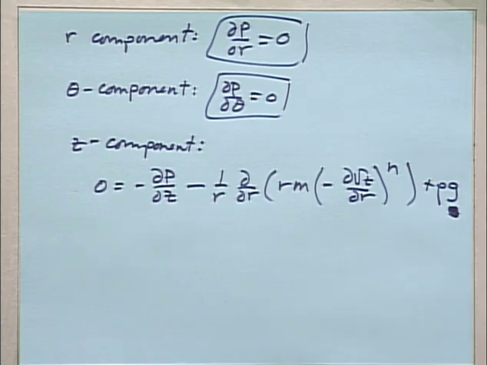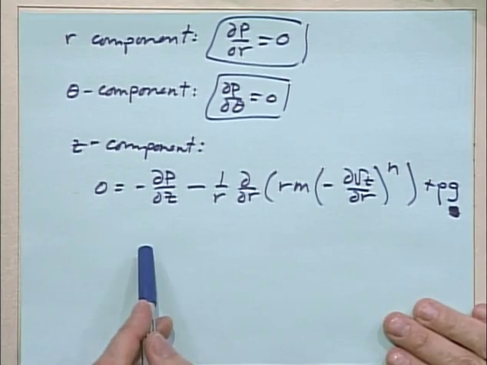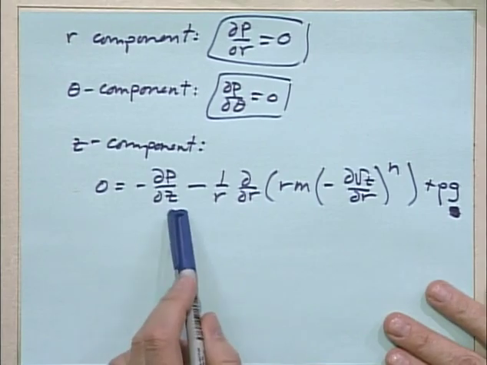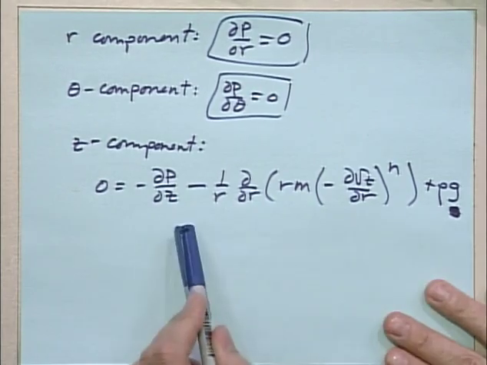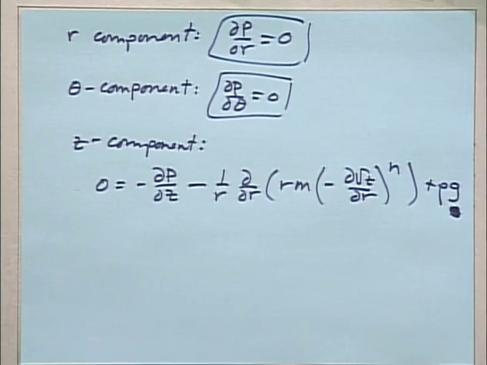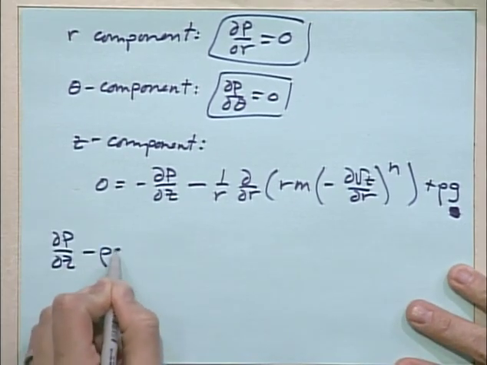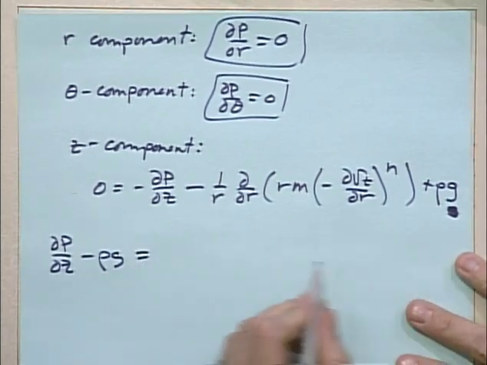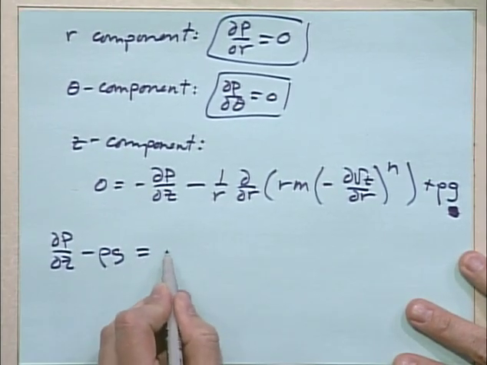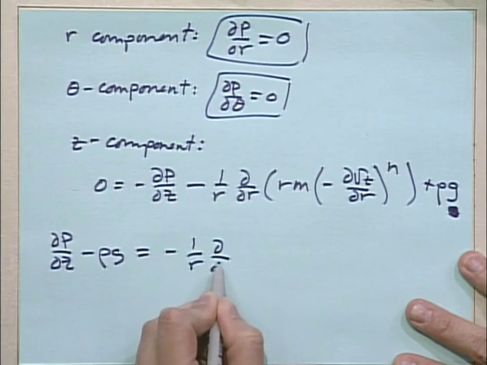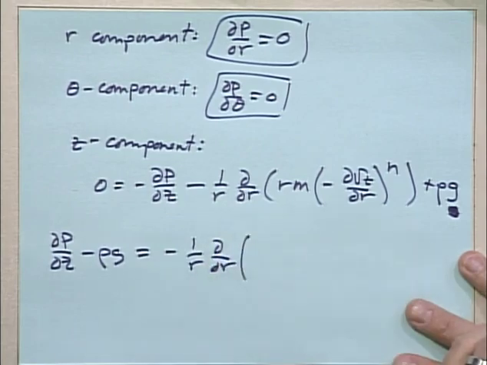And it's not that bad. It looks worse than it is. This solves the same way as the Newtonian case. I'm going to put the pressure and the gravity on the left-hand side, so I have dp dz minus rho g. And then I'm going to put all the viscous stuff on the right: minus 1 over r d by dr of, I'm not going to multiply this out.